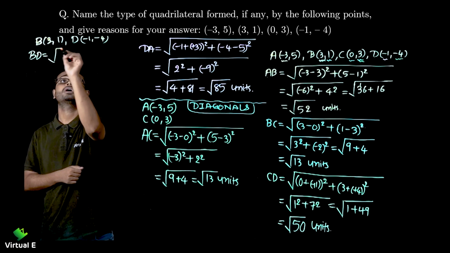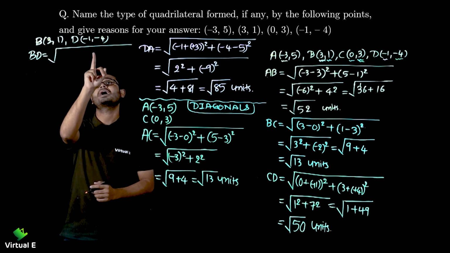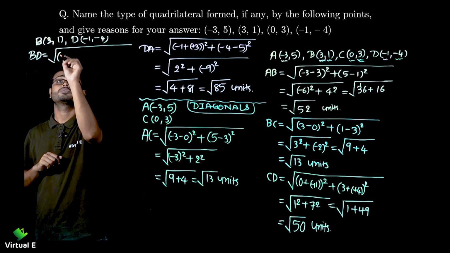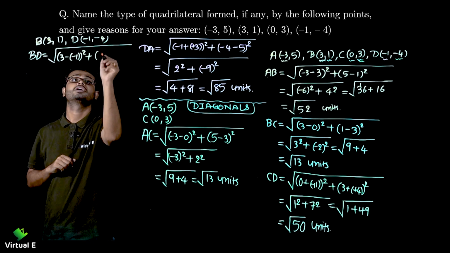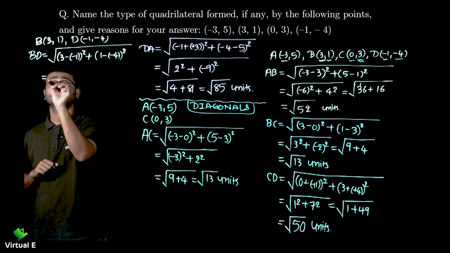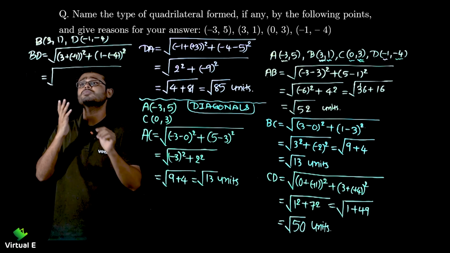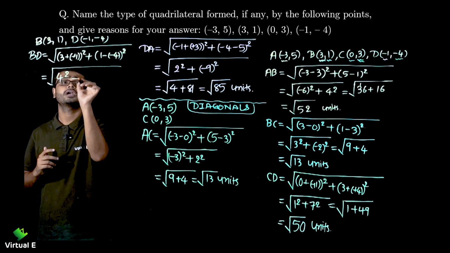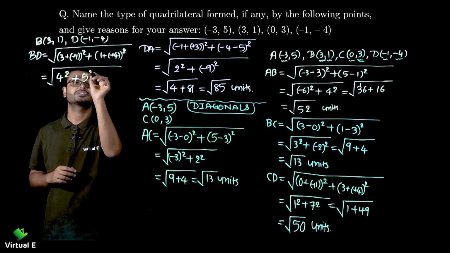BD is equal to square root as it is. Then my x1 is 3, my x2 is -1. So (3 - (-1)) whole square, then plus (1 - (-4)) whole square. Done. Then square root here. Minus minus will be plus, 3 plus 1, 4 square, plus 1 plus 4, 5 square.